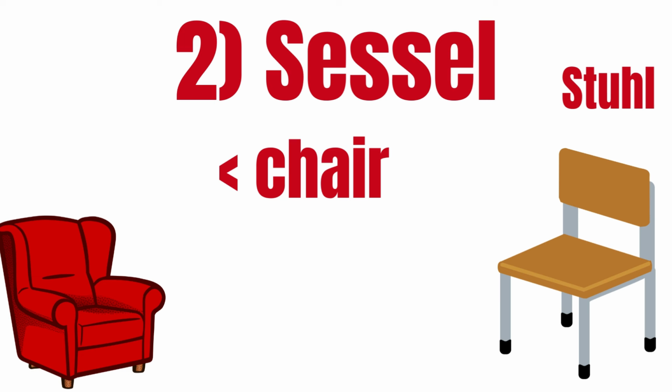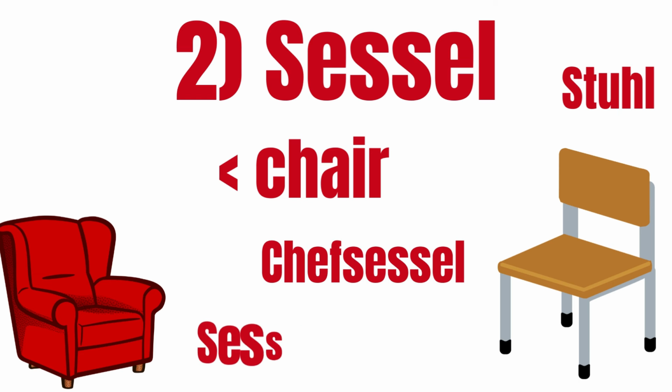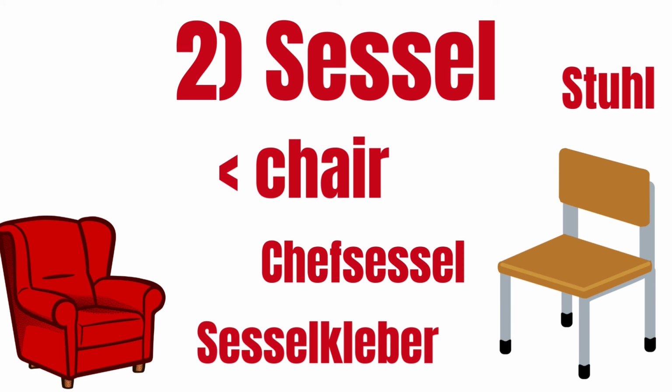There are two more words with Sessel that are often used in Austria: Chefsessel and Sesselkleber. Chefsessel is the chair of the boss. Sesselkleber is a person who is expected to resign but won't resign.